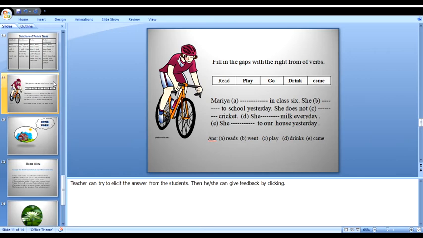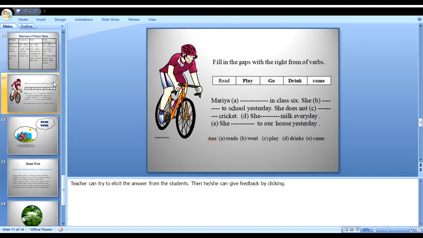Now, dear students, I have made an exercise for you. You have to fill in the gaps of the passage by the given verbs in the box. There are 5 verbs in the box.